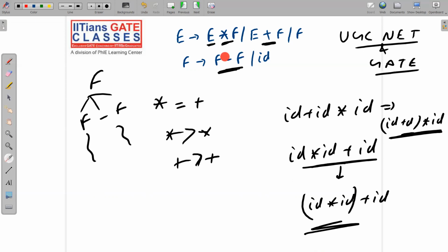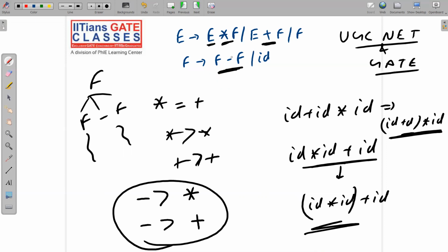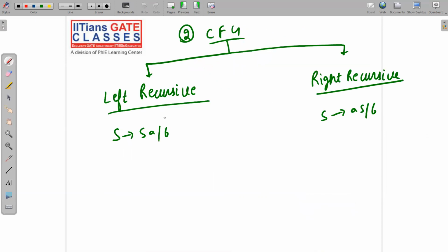Okay, so we cannot assign any associativity to minus. Yes, but one thing is sure, minus is having more precedence than star, and minus is having more precedence than plus, because minus is at the lower level. Okay, so I hope I have made the point clear. Please note it down carefully, and I'm jumping to the next slide.